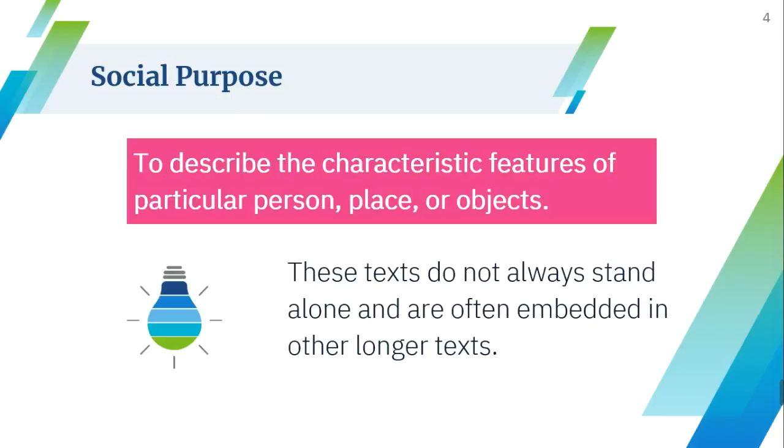There might be long texts which contain more than one text type inside, and one of the text types that might be contained is description. This kind of text is called a hybrid text, as it contains more than one text type or genre.